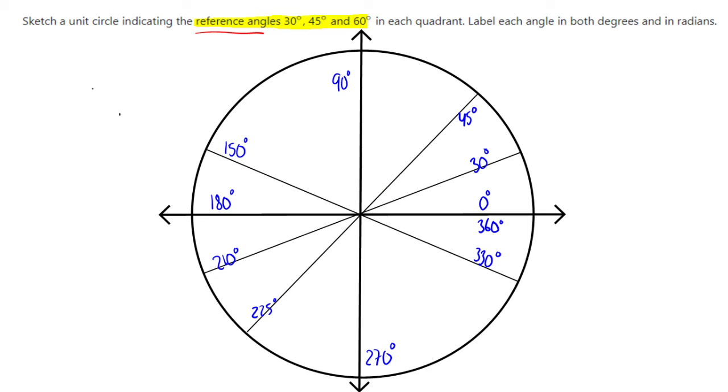Then we also have the 45-degree reference angles in quadrant 2 and 4, which is going to be something like this. So this angle here is going to be, we can either do 90 degrees plus 45 or 180 minus 45.